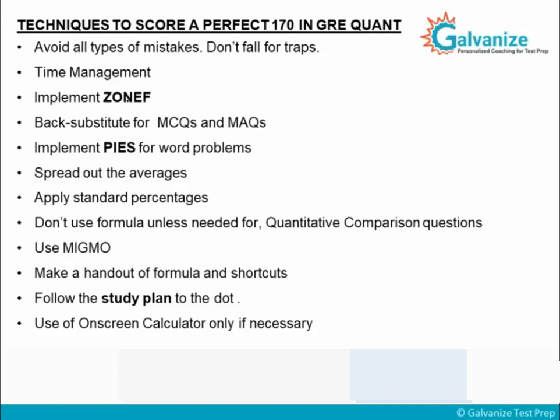So it's very important you learn these shortcuts. So we have given these shortcuts in the form of mnemonics like ZoneF, implement ZoneF, implement PIEs for word problems is again another shortcut. Use MIGMO, make an intelligent guess and move further, right? That is MIGMO. So this is another shortcut.